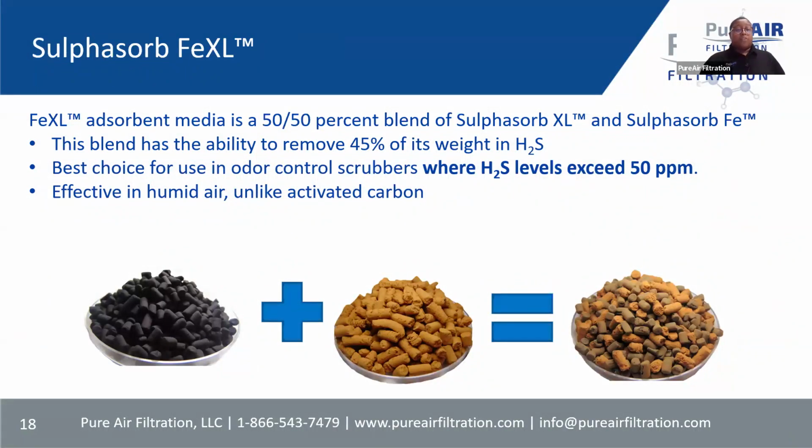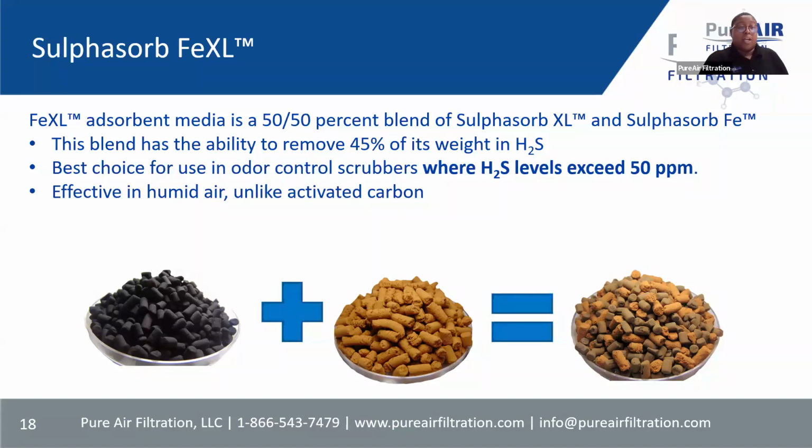So our Sulfazorb FE-XL is another one of our products that we use specifically for H₂S. It's great in systems where H₂S levels exceed 50 ppm. It has the ability to remove 45% of its weight.